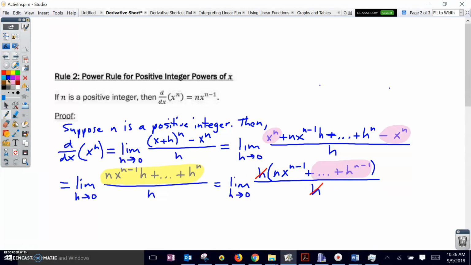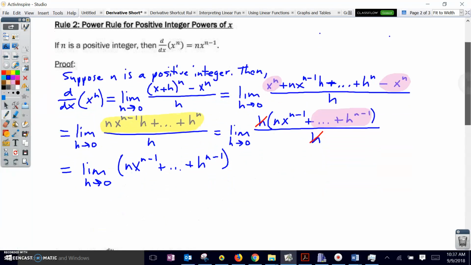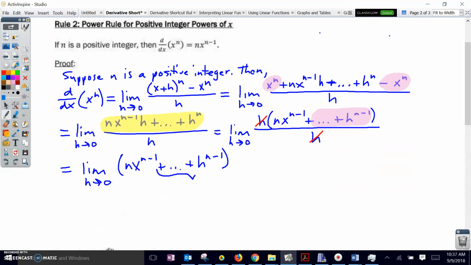I now have the limit as h approaches 0 of the quantity n times x to the n minus 1 plus a whole bunch of other stuff plus h to the n minus 1. And all of these terms contain h.